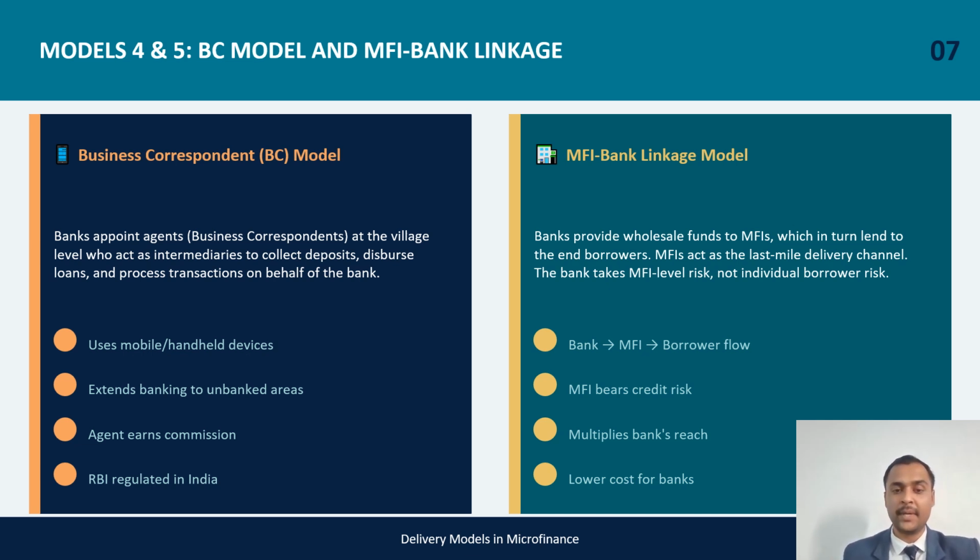The bank benefits because it reaches thousands of borrowers through the MFI without managing individual loans. The MFI benefits because it gets a large fund at a low interest rate, and the borrower benefits because they get credit from a trusted local institution.